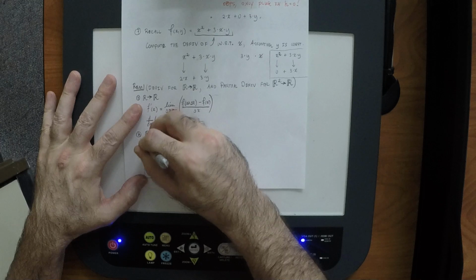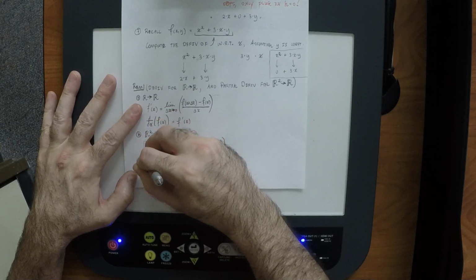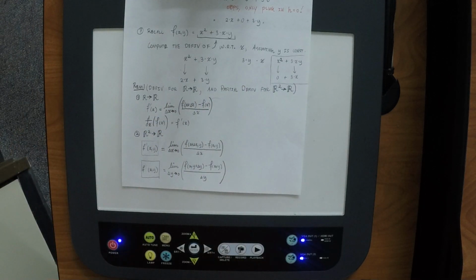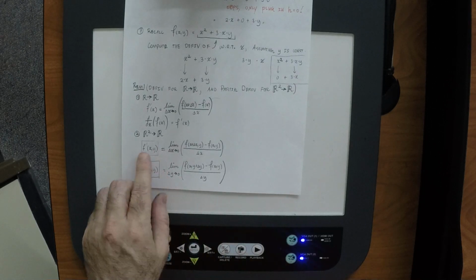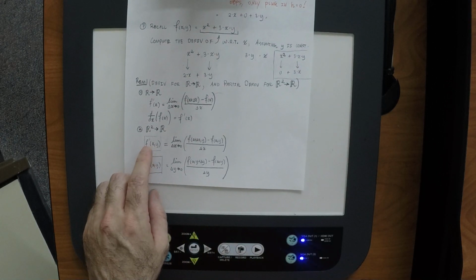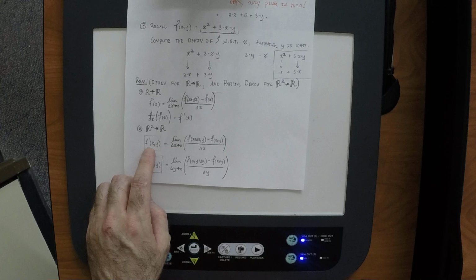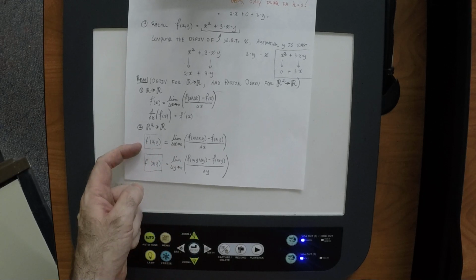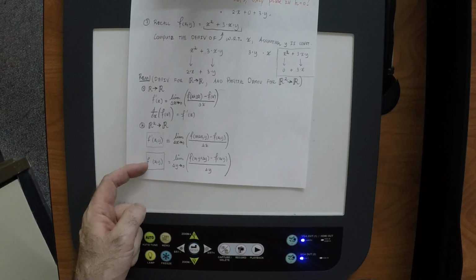Whatever. So, to keep sense of all of this, we need to somehow make a mark that indicates that this is the one that was with respect to x, and this was the one that was with respect to y.